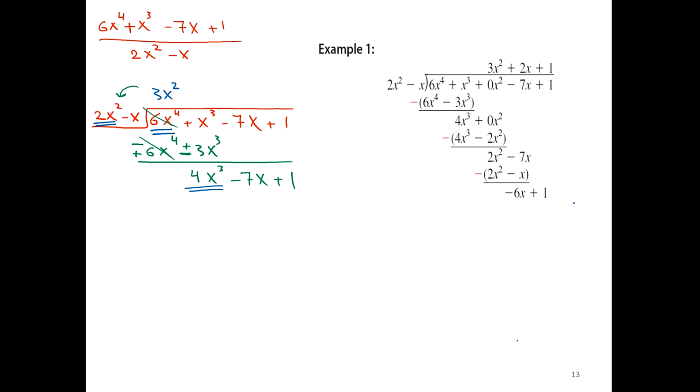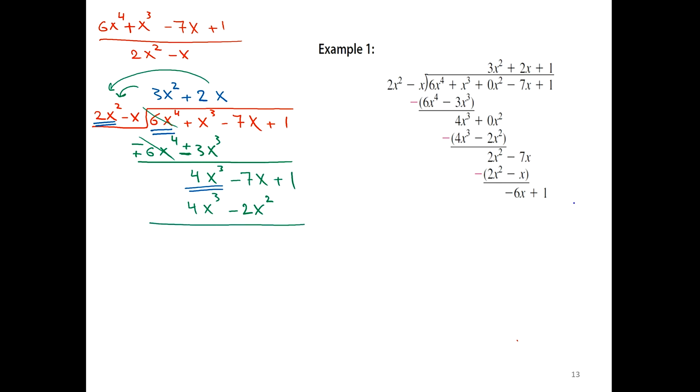Now, divide the first term by the first term. 4 over 2, we have 2. x to the power 3 over x squared, we have x. Now also multiply. 2x multiplied by 2x^2 is 4x^3. 2x multiplied by negative x, we have minus 2x squared.